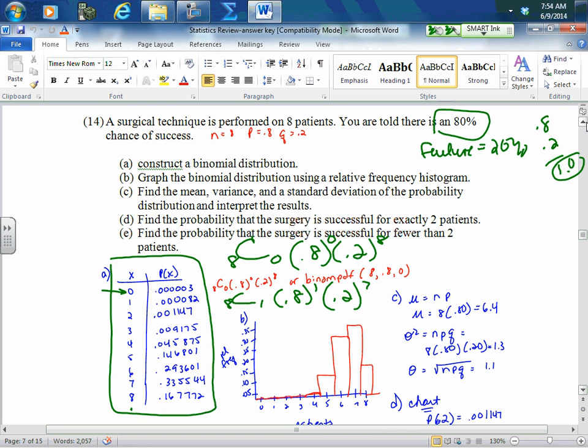Or, the easier way is we had a binomial probability distribution function on your calculator. And it's easy to remember. Binomial probability distribution function. Move it in there.